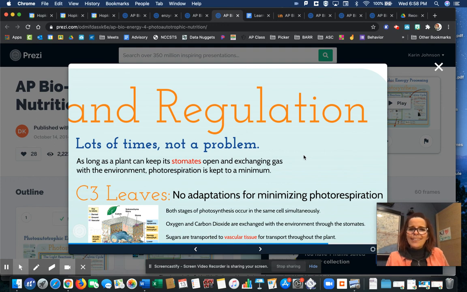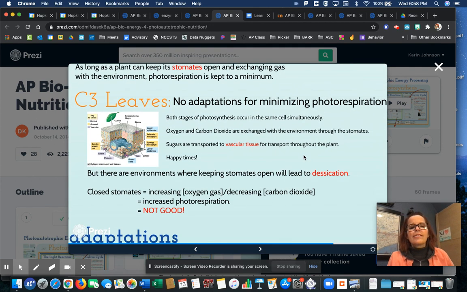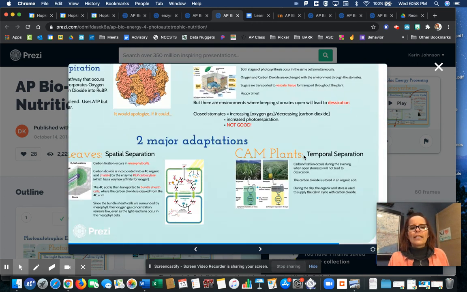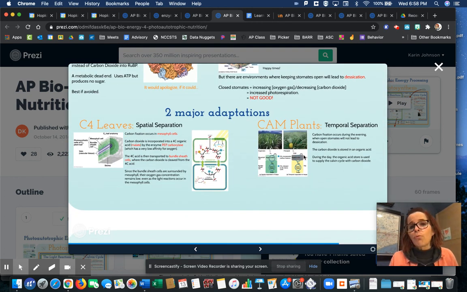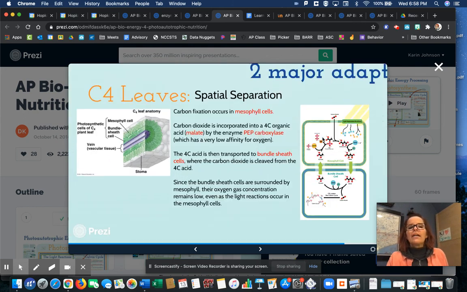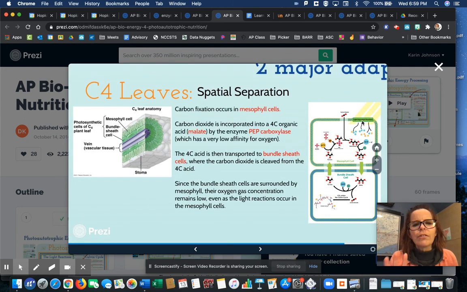You do not need to know a whole lot about it. The C3 is the normal. I'm like, what am I looking at? The diagram wasn't there. C3 is what we normally have. The adaptations for hot, dry weather include the C4 leaves. All you need to know is that the processes are spatially separated.